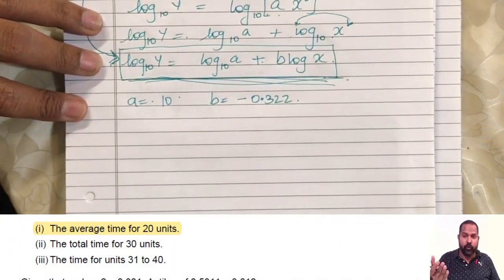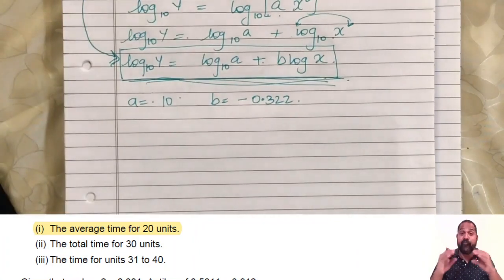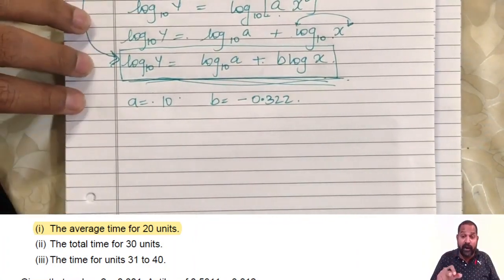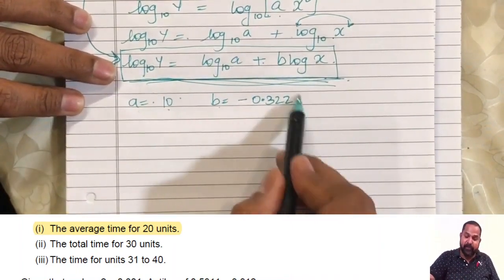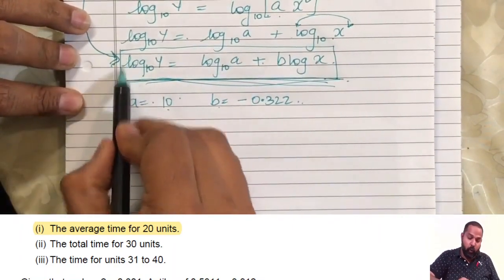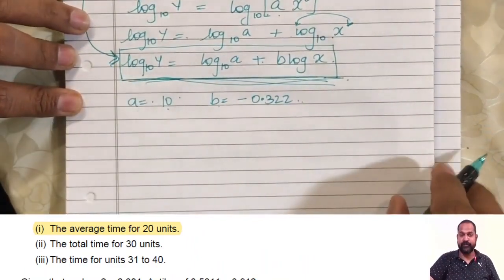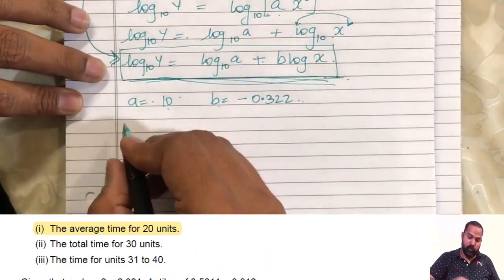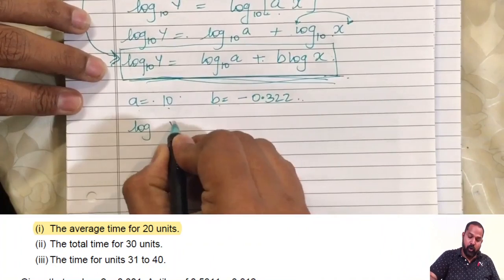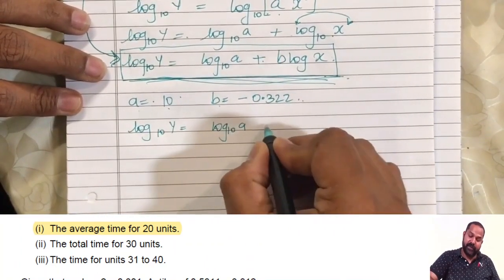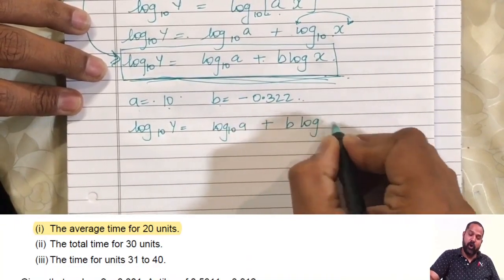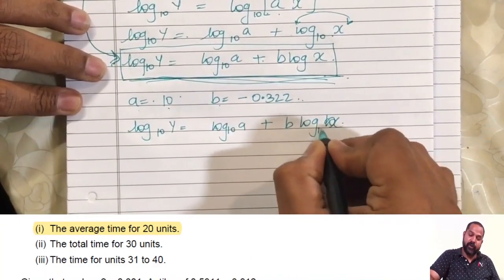So what we are going to do is create a standard formula for the value of A is 10 and B is minus 0.322 with this relationship. So I'm going to say in the next step, log y to the base 10 is log A to the base 10 plus B log of x to the base 10.